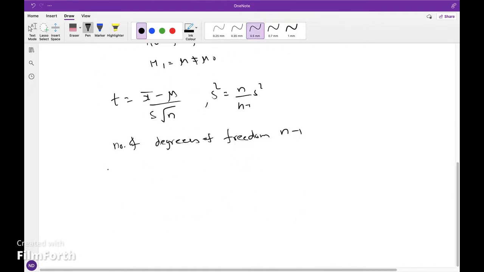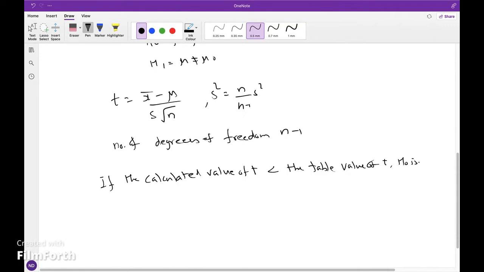For a given significance level, if the calculated value of t is less than the table value of t, H naught is accepted.